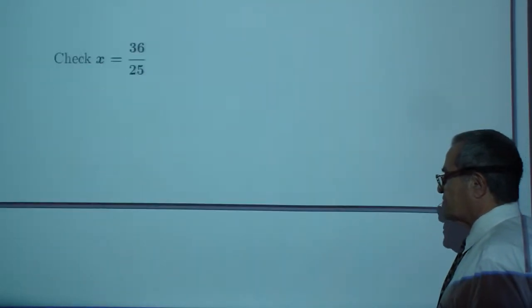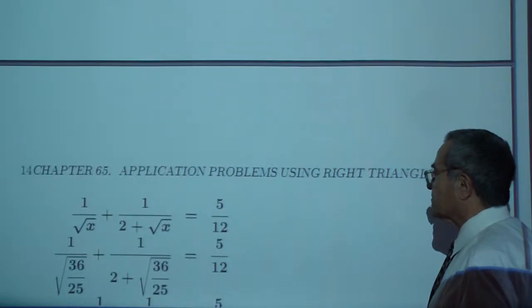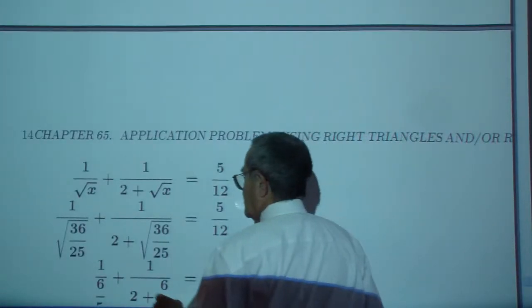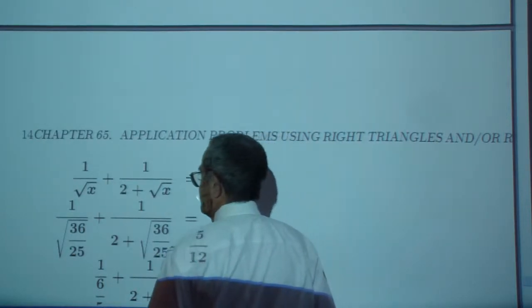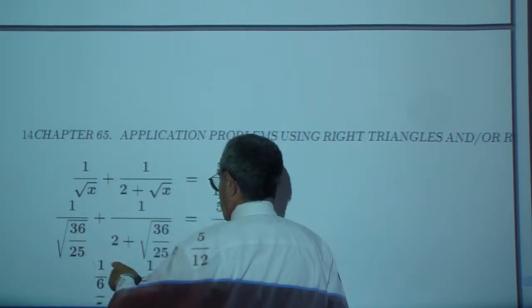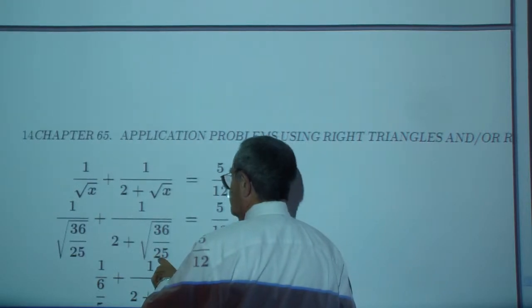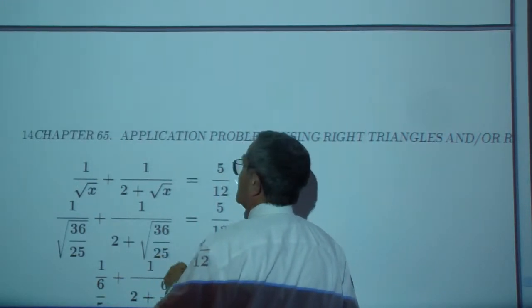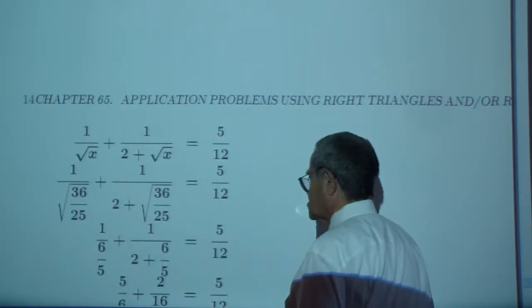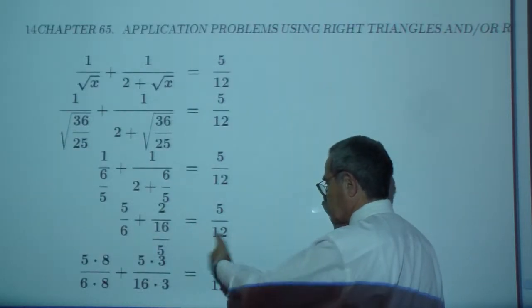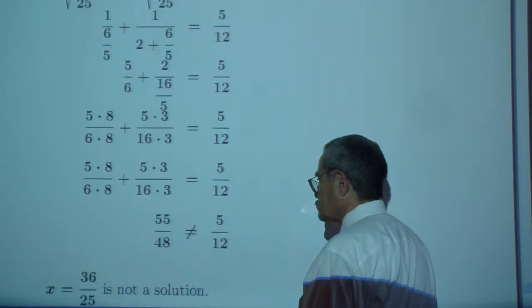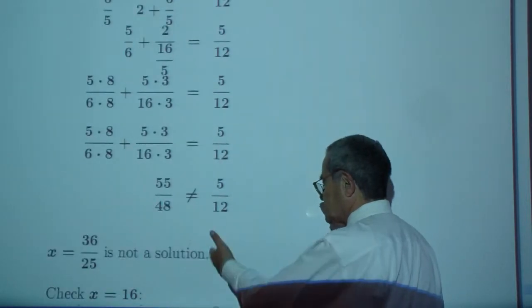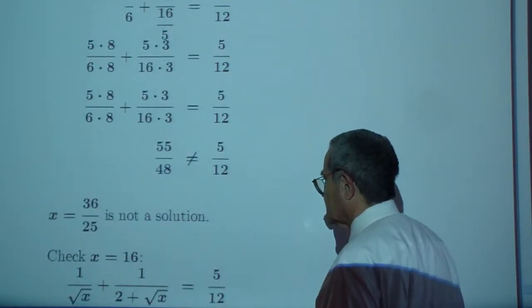We want to check 36 over 5. Okay. Yeah, 36 over 5. And 36 over 5 over 25. You take the square root, you crank it out, and you are supposed to get the left side is not equal to the right side, so this is not a solution.